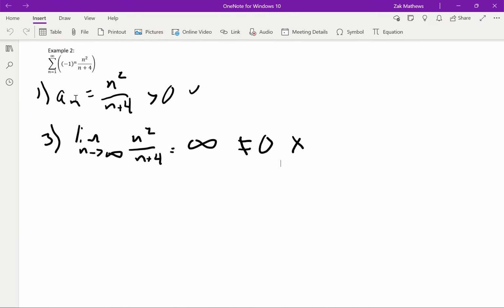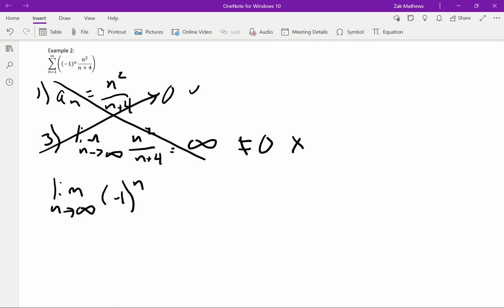So what I should have probably started with, not the alternating series test, but the nth term test for divergence. If I take the limit as n goes to infinity, and I do have to take the full sequence here, that thing is going to plus or minus infinity. It is diverging because this thing is blowing up, right? Sure, the negative one is saying it's positive, negative. The fact is, though, it's going to the infinities.